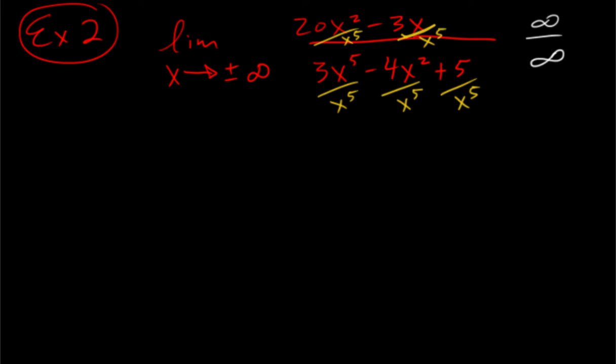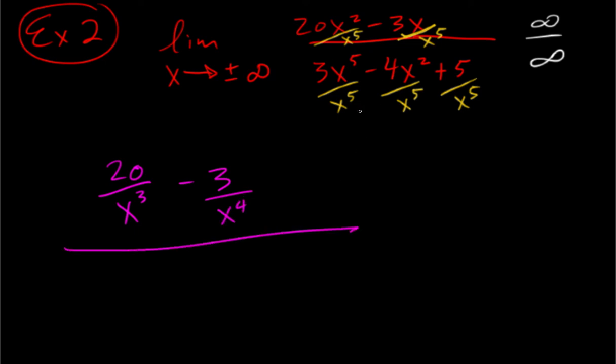Now, if we do that, we're going to get 20 over x cubed minus 3 over x to the 4th. Then right here, we're just going to get a 3 minus 4 over x cubed plus 5 over x to the 5th.